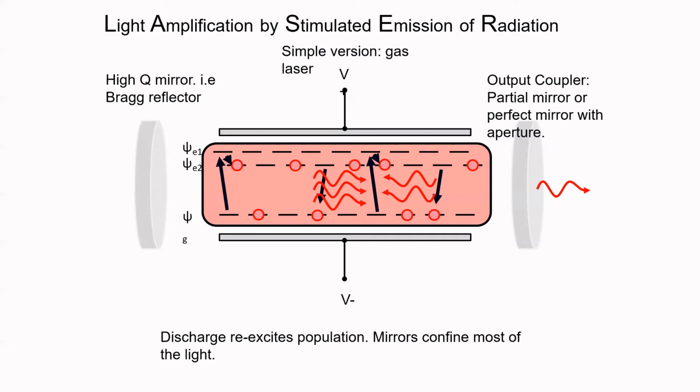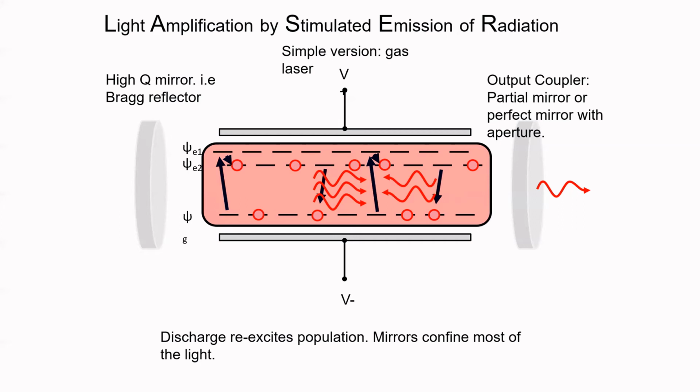At the other end of our cavity, we want a partial mirror, meaning that it reflects nearly all of the light, but not quite all of it, back down. That could be a perfect mirror with a hole in it, or something partially reflective, say 99.999% reflective rather than 100%.